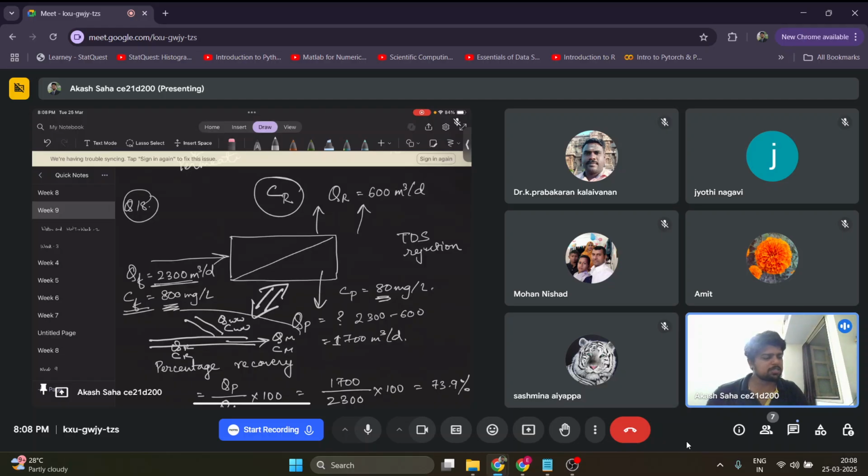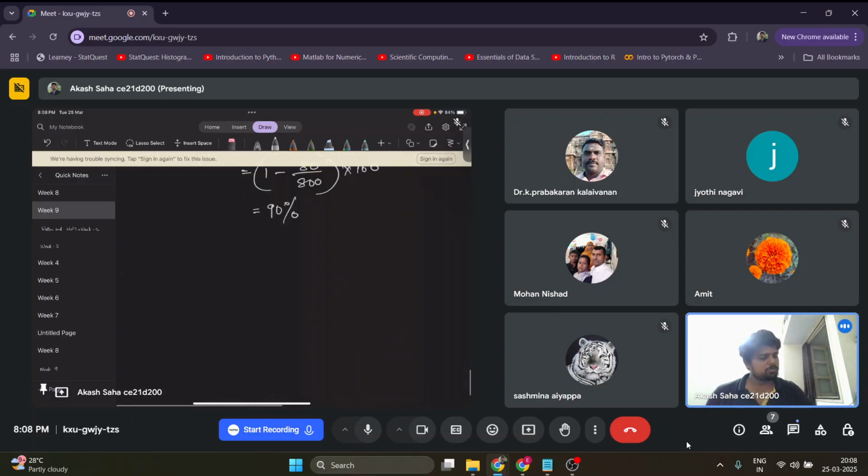So what law was conserved here? Do you remember? Mass balance. Yes, definitely you have to conserve the mass. What mass? The mass of the pollutant. Throughout the system, I will just draw it again.